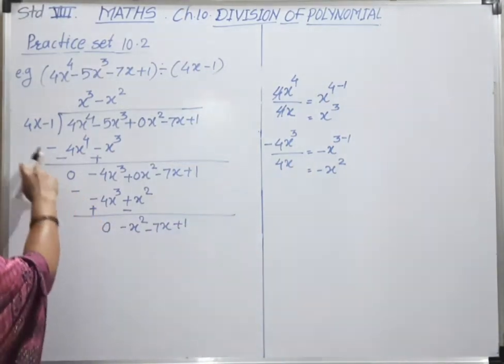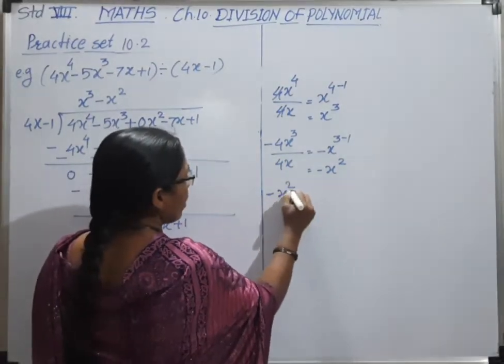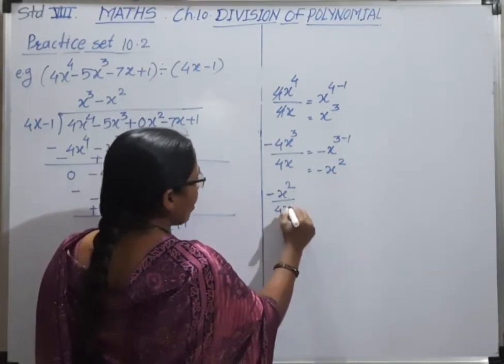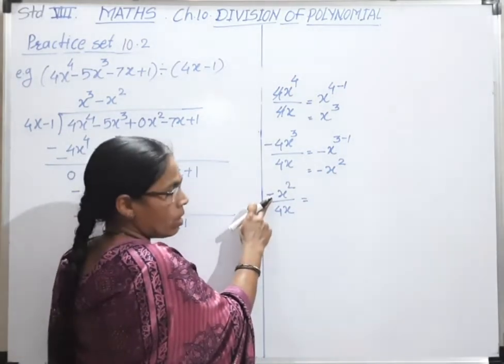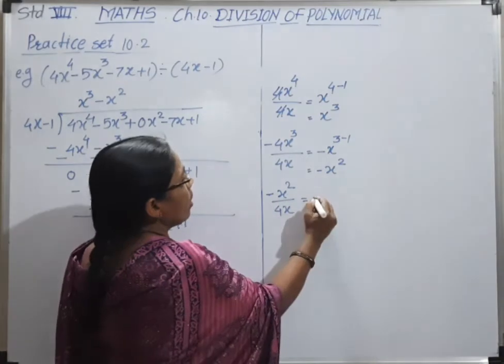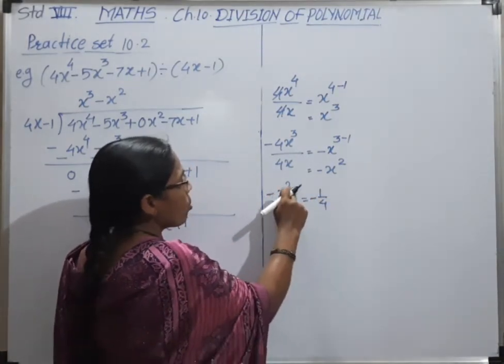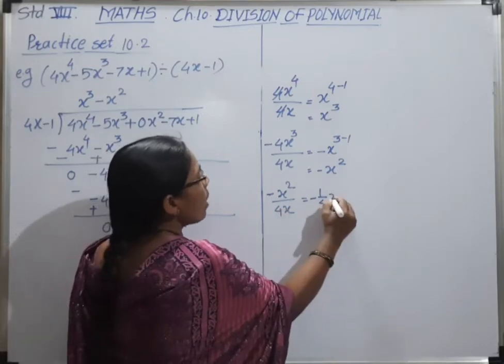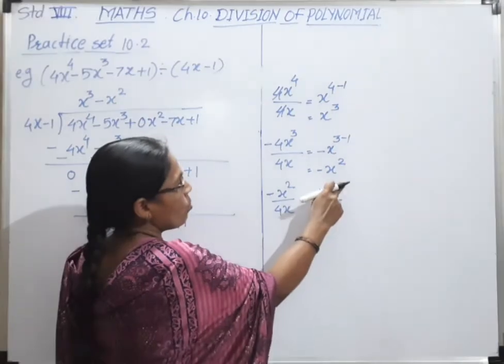Again, minus x square divided by 4x. The coefficient is not given, so 1 upon 4, that is minus 1 upon 4, negative number. And x square divided by x is x only, because 2 minus 1 is 1.